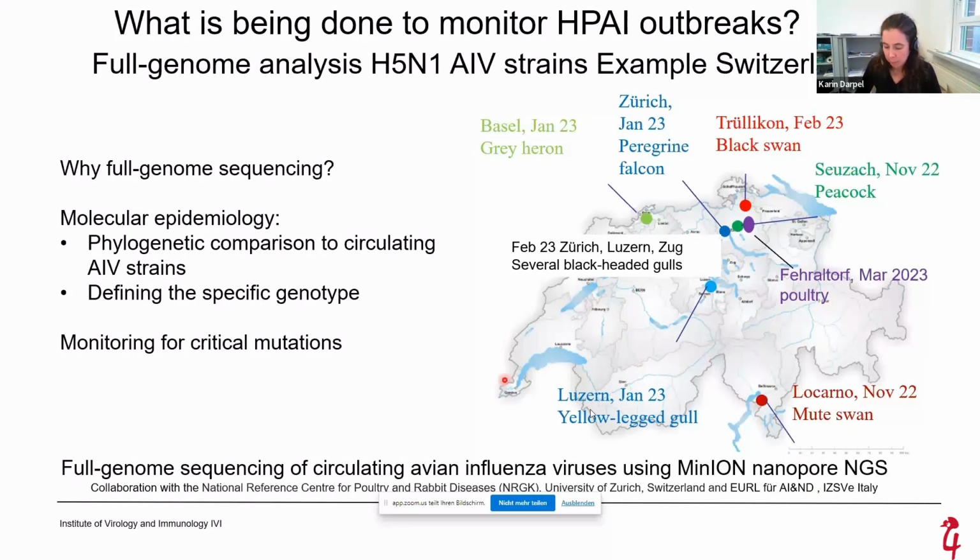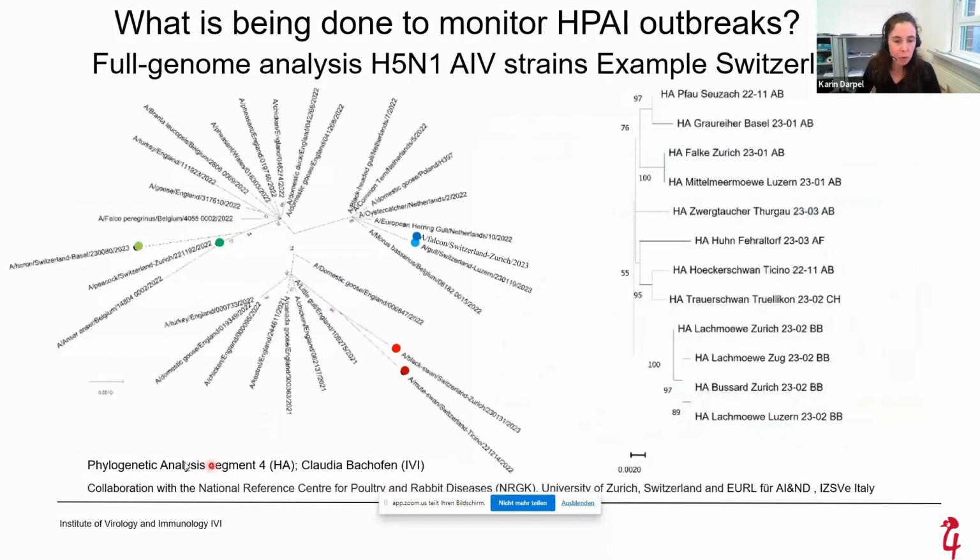So selected Swiss avian influenza strains from outbreaks were fully genome sequenced. And then, for example, phylogenetic analysis was carried out for segment 4, which encodes the HA protein, and was put into the global context to see which strains they are most closely related to, or compared within the Swiss context.